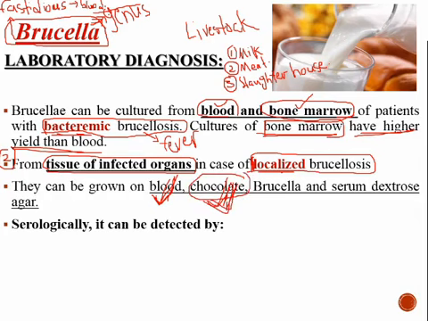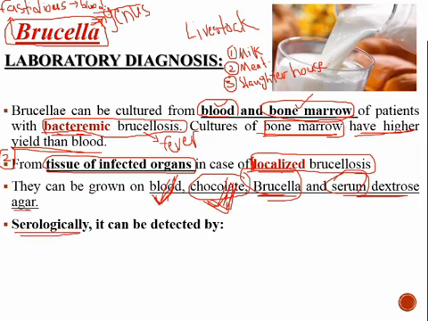But Brucella can grow on both. There is a medium called Brucella agar and another called serum dextrose agar. Serum also comes from blood. So all these media contain blood.